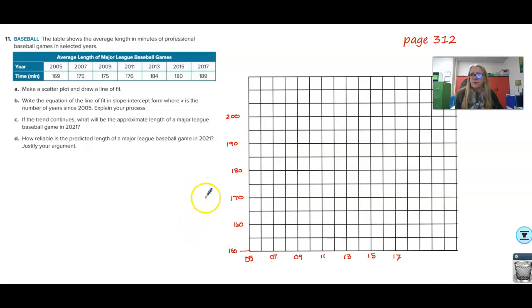Let's see, your 05, which would be right here, and the length of time 169. So we'll put a point right here. In 07, we have 175.